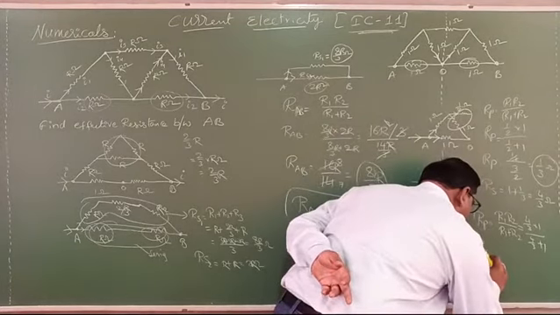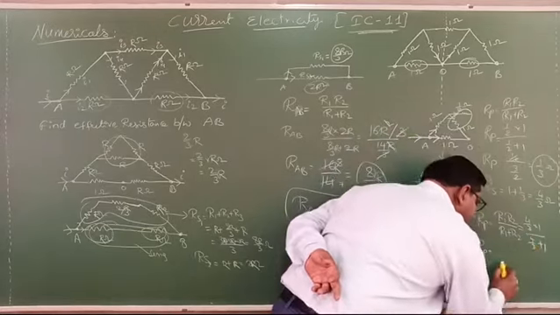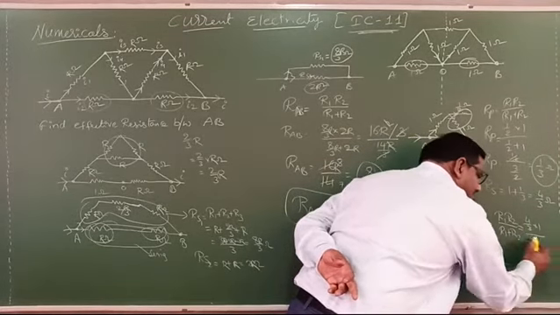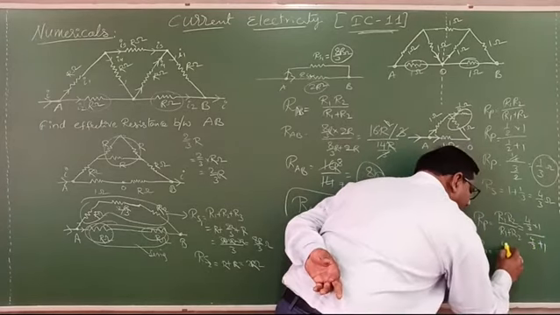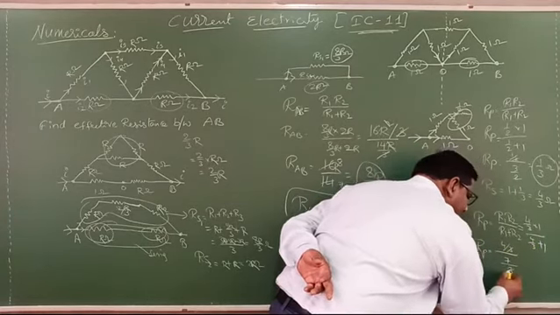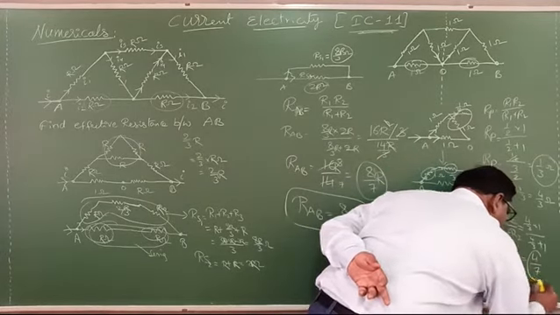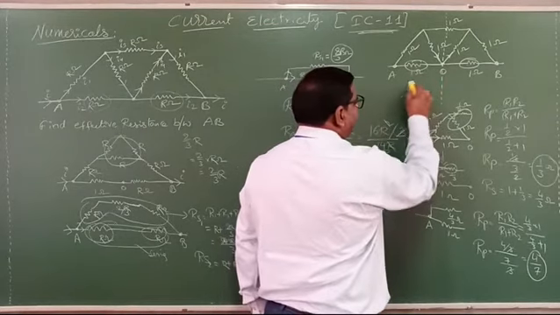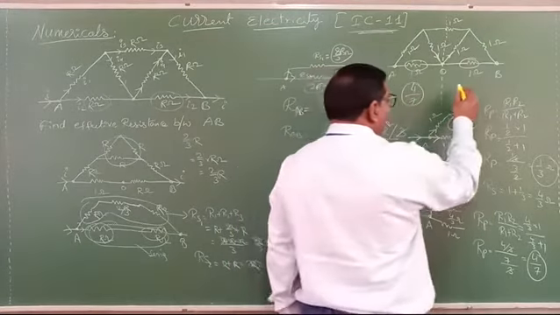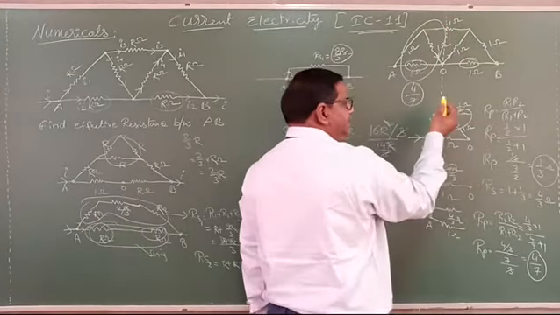Then RP equals, if you take the LCM downside 3, then 4 plus 3 is nothing but 7. At the top it becomes the same 4 by 3. Here the 3 will get cancelled. So the final answer is 4 by 7. So up to half, this portion will be 4 by 7 ohm resistance effective. By calculating all these we get 4 by 7.